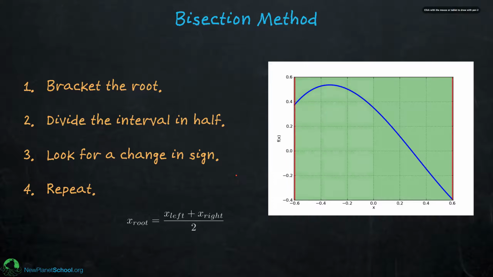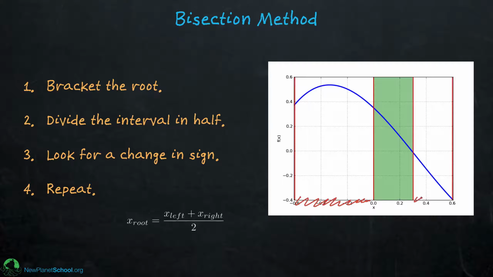So the first thing we do, divide it in half. Now I've completely ruled out that the root is anywhere in here. That's pretty good. Divide it in half again. Now I've completely ruled out that it's anywhere in here. And the way I know which side to divide it on is I have to make sure that one side is positive and the other side is negative. So now I need to divide it in half again.